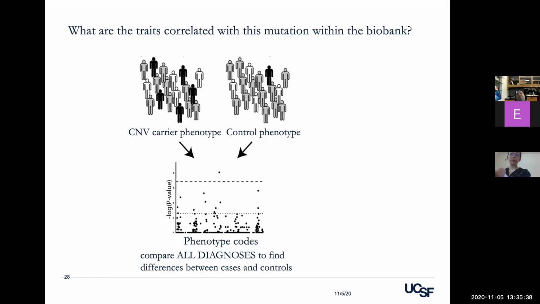So they used about 700,000 controls. And then we go through every phenotype that's listed in the biobank, which is about 1,800. And we compare, for all of these 1,800 diagnoses, which are the ones that seem to be overrepresented in cases versus controls.